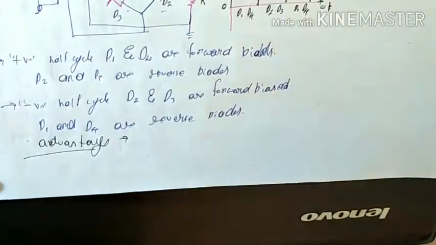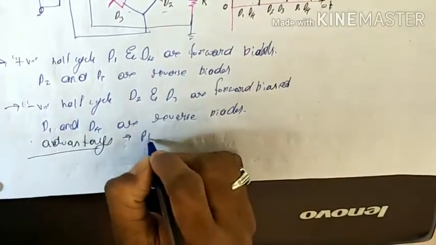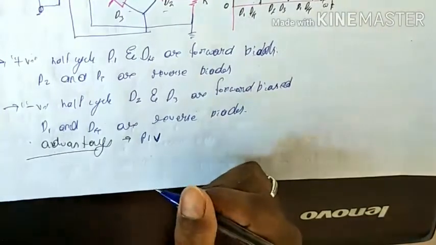The advantage of this bridge rectifier is the PIV rating, peak inverse voltage, which we discussed in the half wave rectifier.